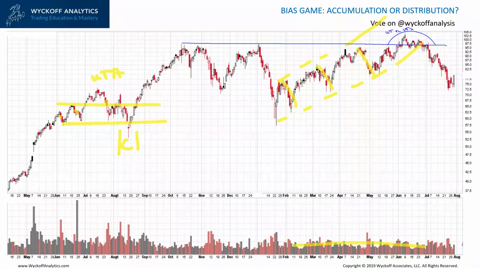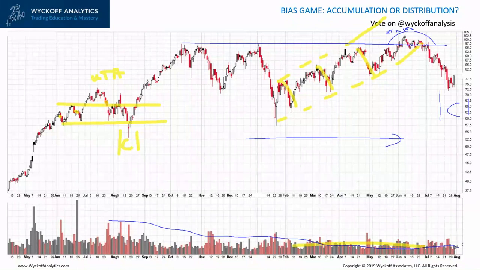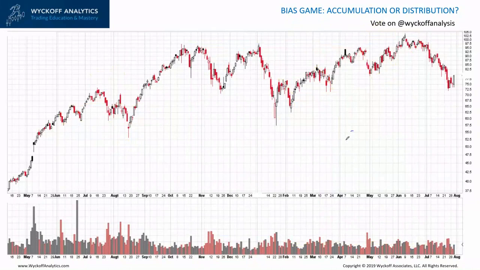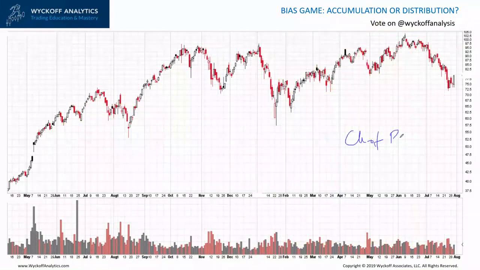Well, you might say this could be phase B, and then this upthrust still in phase B, and then we're going into phase C. Wouldn't the volume signature then work like this? Well, definitely we could say that, but think about the change of behavior.